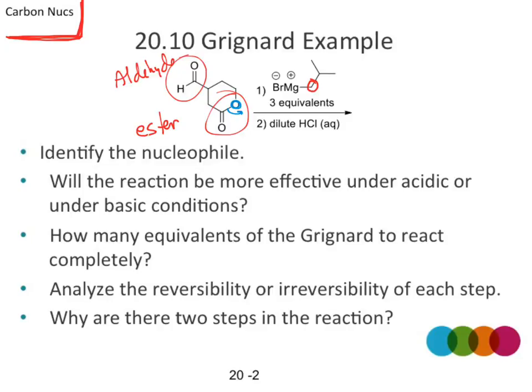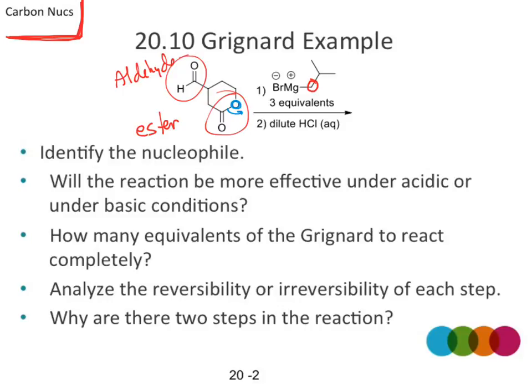What was that? We'd now have a ketone. As far as reactivity, which reacts faster, the ketone or the ester? Ketone reacts faster than the ester. So our ketone would then react a second time with our third equivalent of Grignard reagent. And it would continue to propagate out until all of our ketone was gone, and then we'd continue to react with our ester until all of the ester was gone. So we're looking at three equivalents.